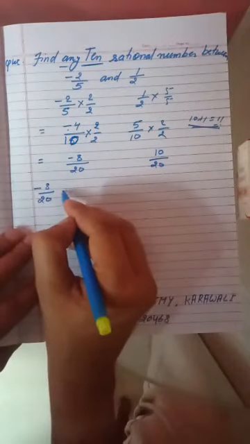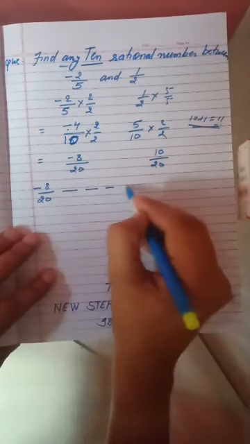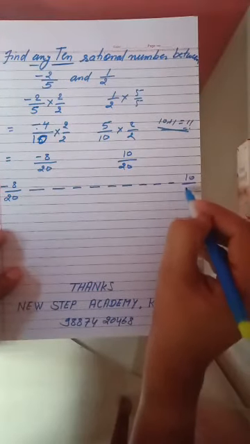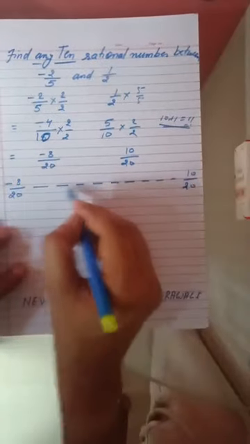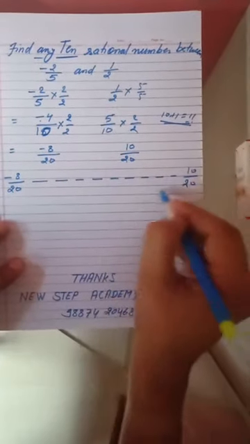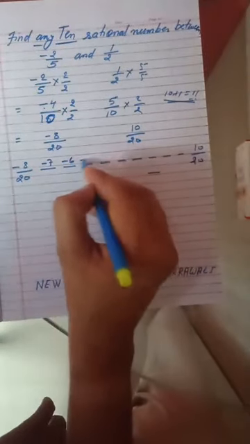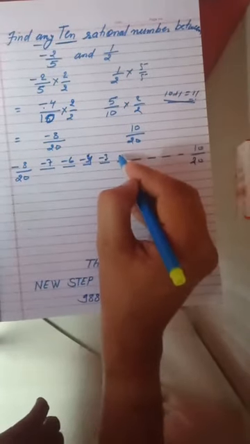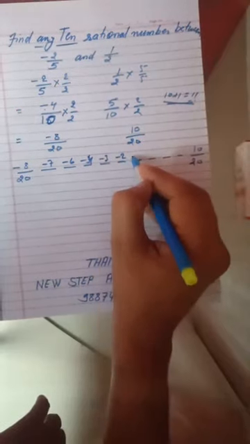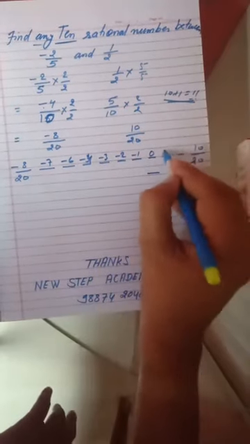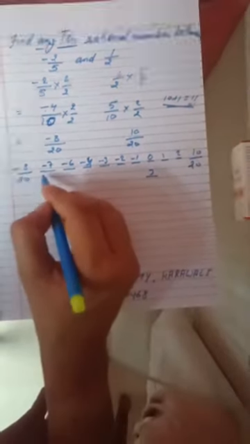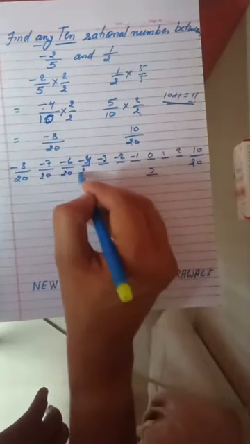How many numbers do you have to find? 10. 1, 2, 3, 4, 5, 6, 7, 8, 9 and 10 numbers, सॉरी कितना लिखें, 10 नंबर्स लिखना रहेगा बीच में. ओके, नाउ -8 के बाद में -7, -6, -4, -3, -5 छोड़ भी देंगे चलेगा, कोई बात नहीं. -3, -2, -1, you can take also 0, 1, 2, 3, 4, 5, 6, 7, 8, 9 तक आप जा सकते हैं, और डिवाइड बाय each and every number is 20.